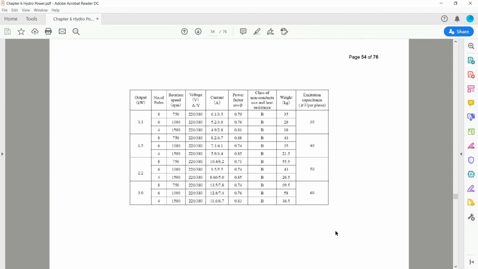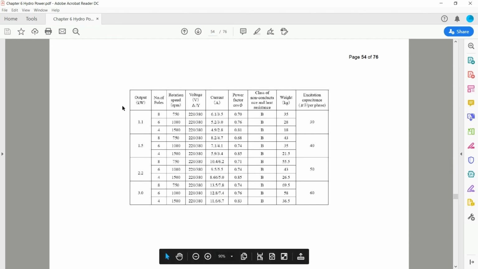So here is the example model for output kilowatt induction motor: 1.1 kilowatt, 1.5 until 3 kilowatt. And you can see here that with a lower number of poles, it produces a much higher rotation speed.